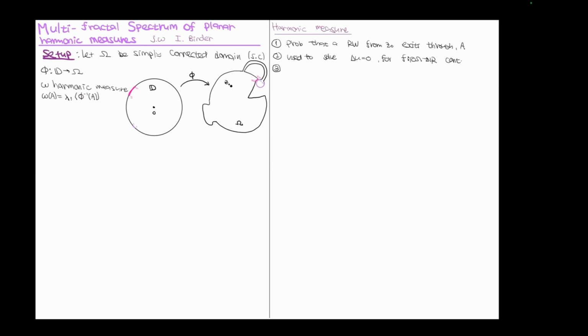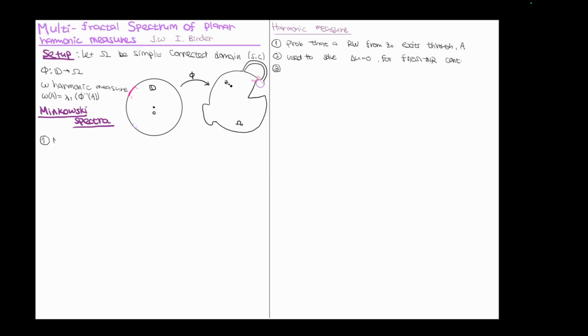So without further ado, let me present some definitions. Minkowski spectra. The first definition I'll present comes from the conformal realm, the realm where you have this Riemann mapping theorem.